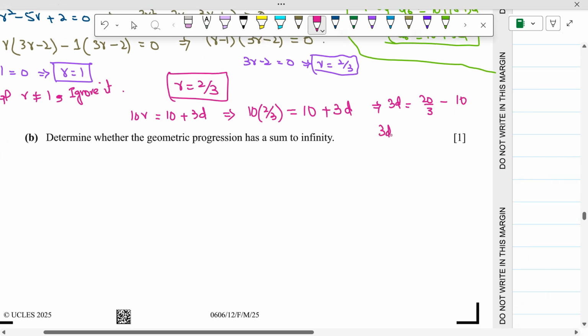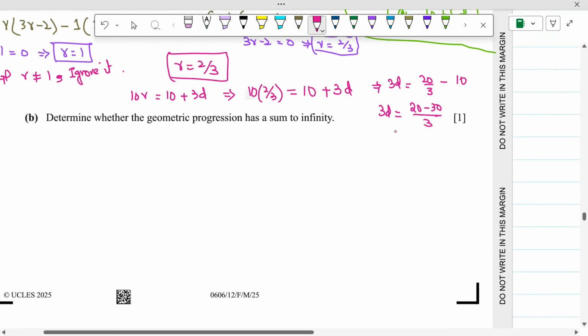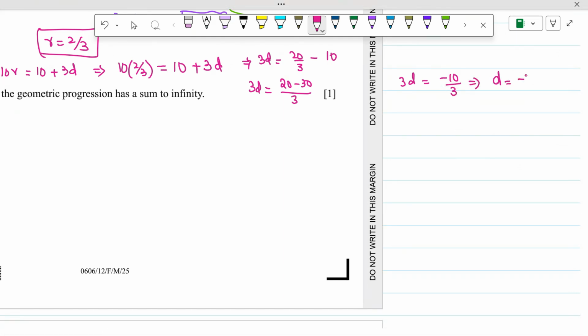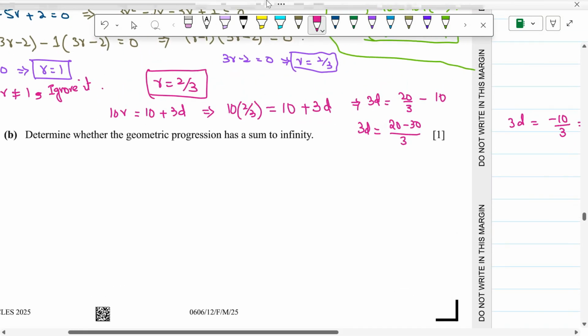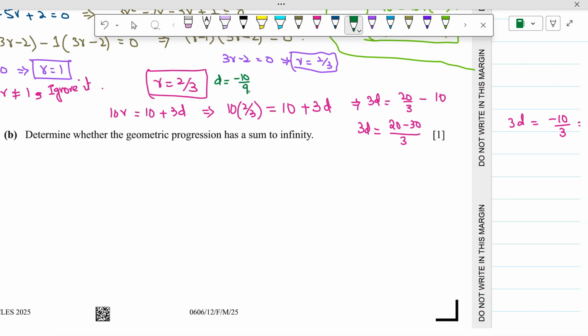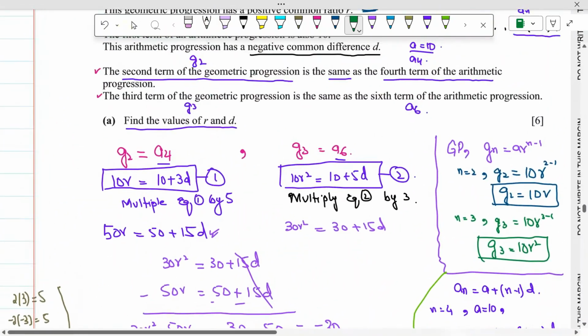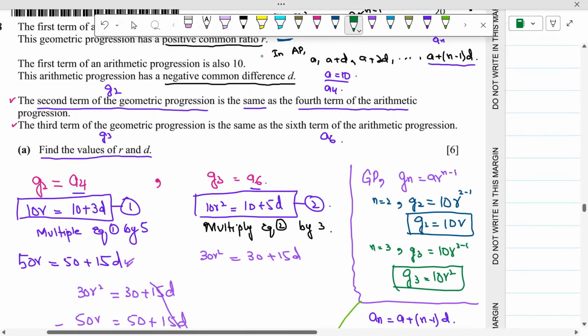So 3d is equal to 20 minus 30 over 3. So solving, we will have 3d is equal to negative 10 over 3, which means d is equal to negative 10 over 9. So the common difference is negative 10 over 9, which was required. And also d is negative.